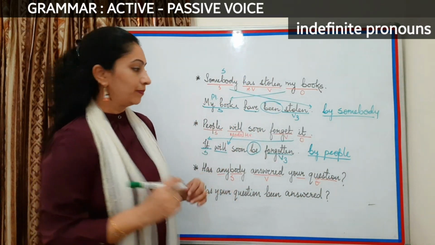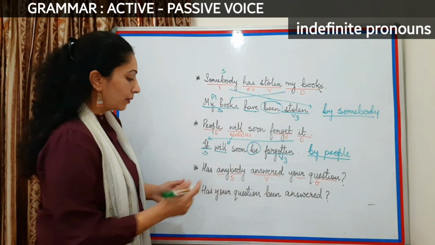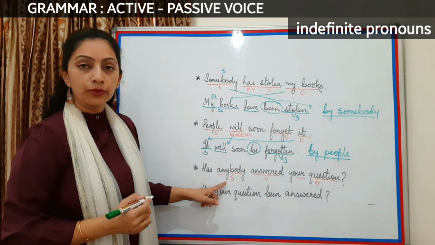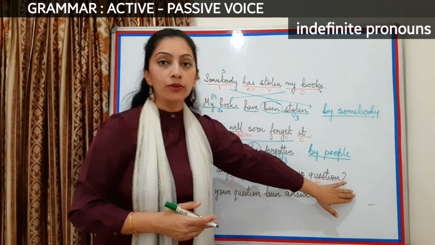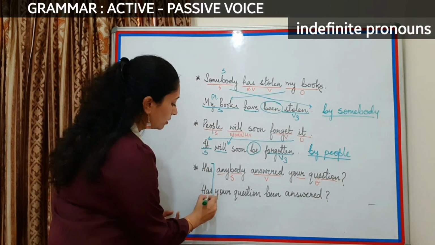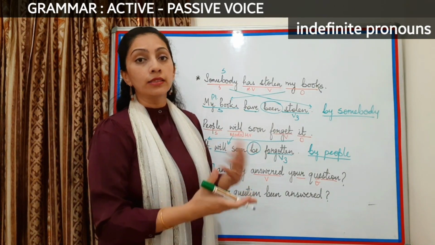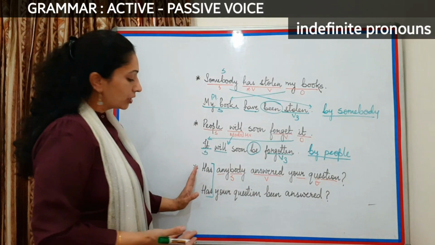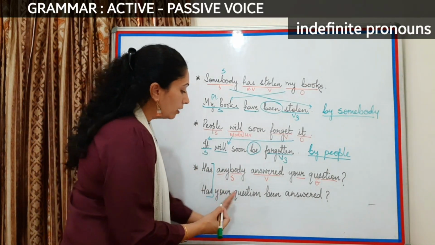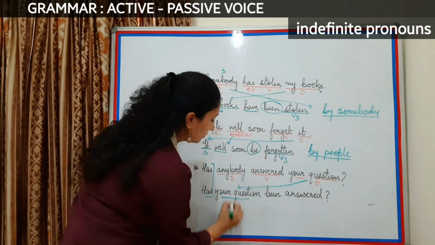I may omit it. Next, "Has anybody answered your question?" Now here anybody is again an indefinite pronoun. I may not write it here as an object. So I keep has, because it's a question. Has will not change its position because passive voice also has to sound like a question. The question word will remain as it is. Your question, the object here, will become the subject.